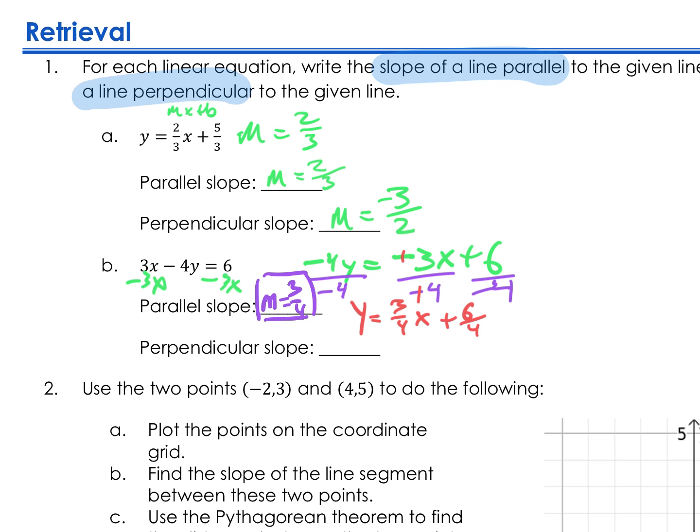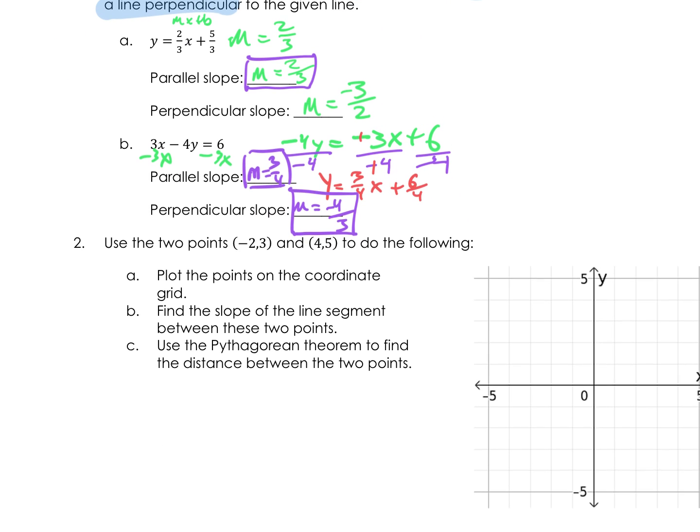Okay? It stayed the same, just like up here stayed the same. And then the perpendicular slope, we're going to flip that fraction. We're going to put the 4 over 3, and we got to change the sign. It's going to be negative. So if you have a line that's 3/4, the perpendicular line will have a slope of negative 4/3, all right?